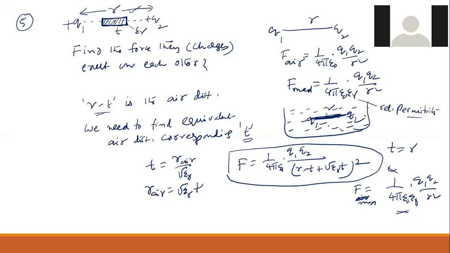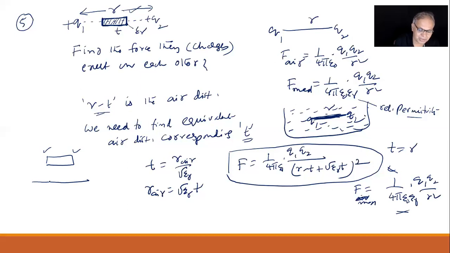Sir, the distance T is converted to an equivalent air distance. What is equivalent air distance? I told you. Look, if two charges are there at some distance like this in medium, that force will be caused on each other by the charges if they are in that air distance. This is air, that is medium. So in these two cases, the forces are same.